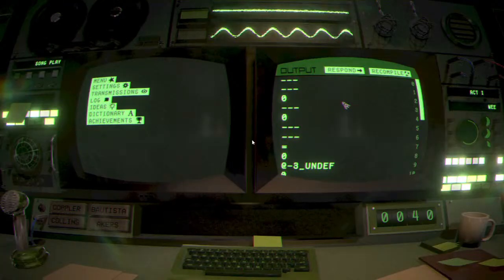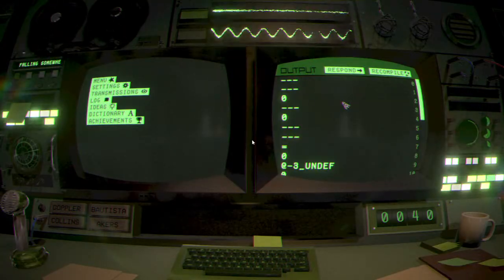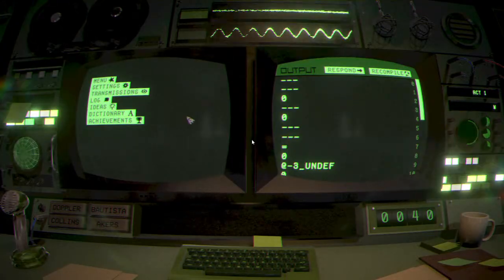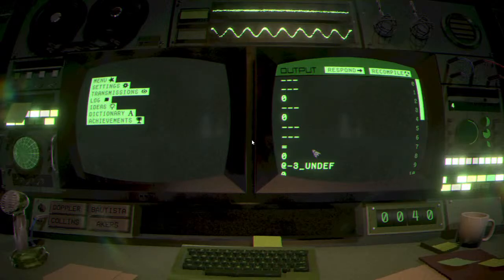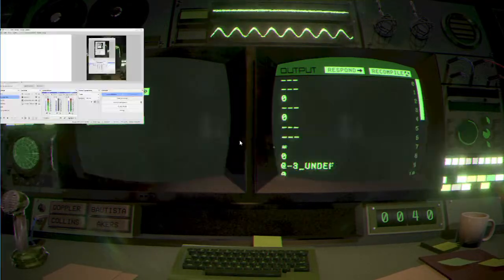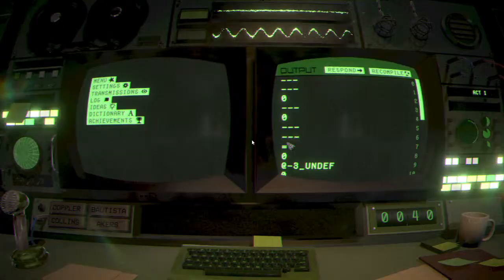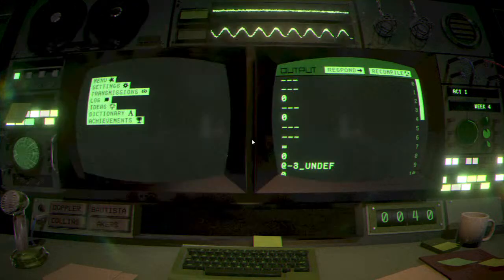I have not plugged in my mouse yet. I have to actually plug it into the mouse itself now. Okay. What is with this, the mouse being centered like that? That's so weird.